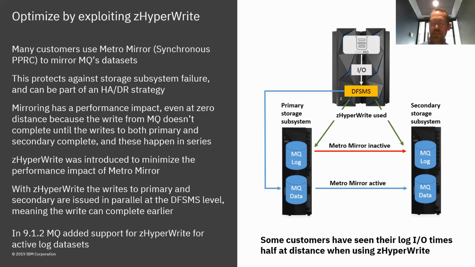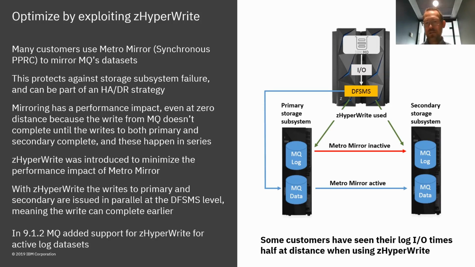And particularly in the DB2 case and the MQ case, the real concern is you do not want to slow down the logging task, because that's the thing that affects how fast you go if you're doing persistent messaging. And so the idea of zHyperWrite is that rather than having those writes being done in series, it actually pulls up the layer that's responsible for the writes into the z/OS LPAR and does the writes in parallel.